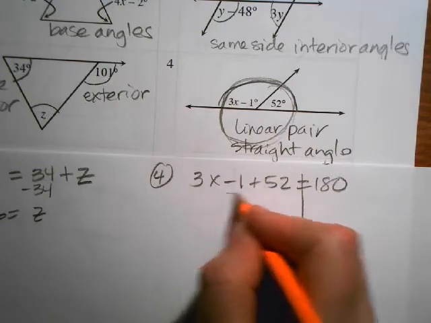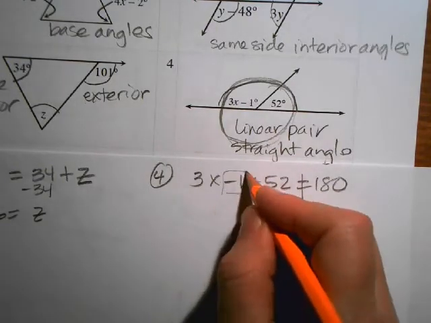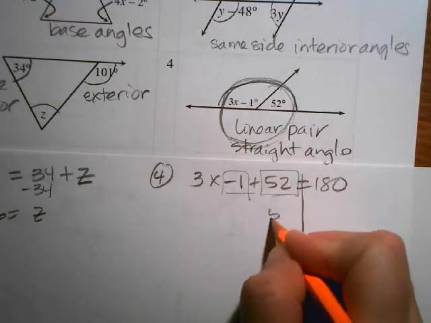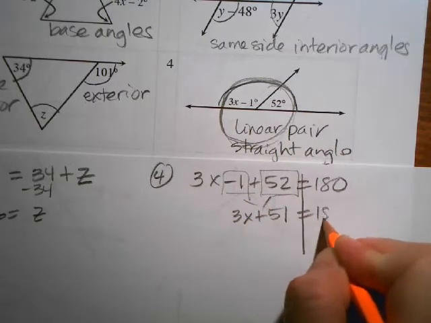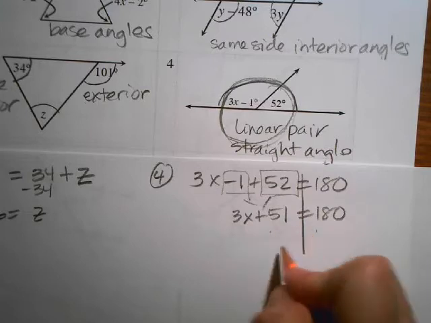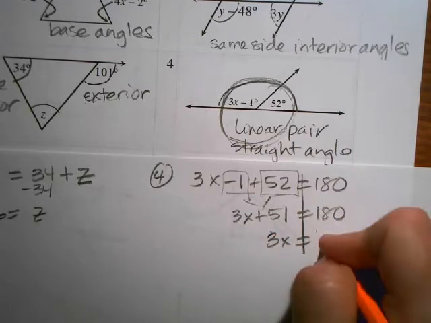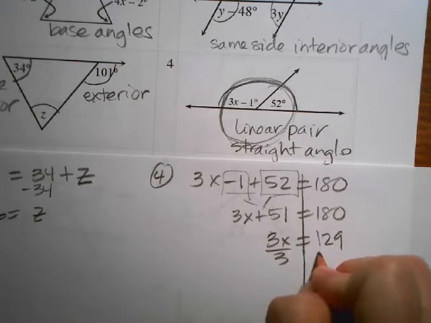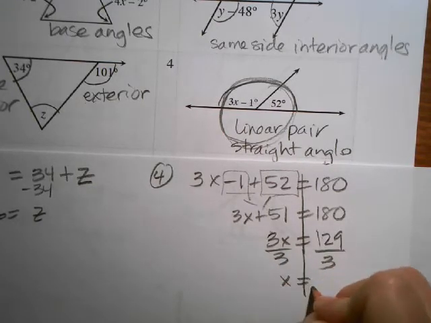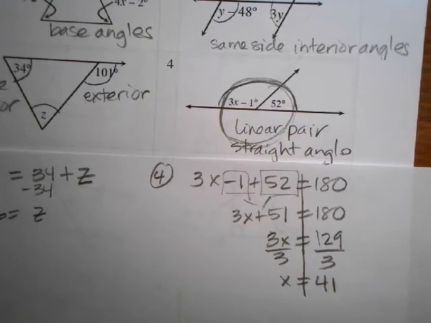We've got like terms, negative 1, positive 52. Subtract 51 from each side, divide by 3, so x is 41.